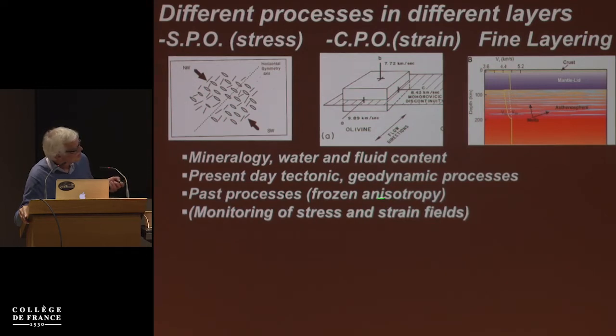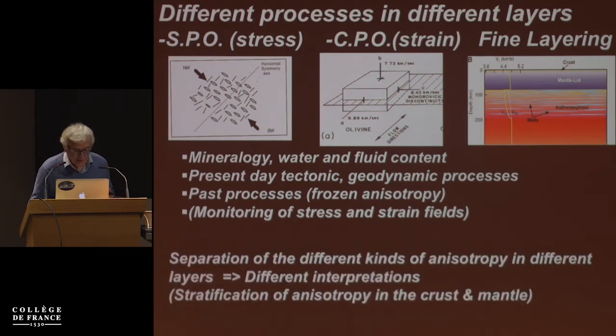We can look at frozen anisotropy. And another important application, which is quite recent, is a way to monitor the temporal change in stress and strain field by looking at the temporal change in seismic anisotropy.